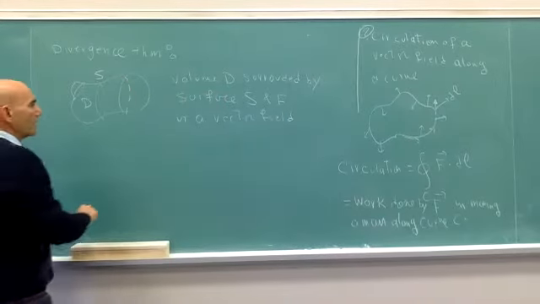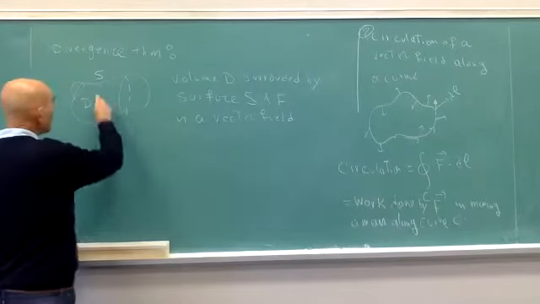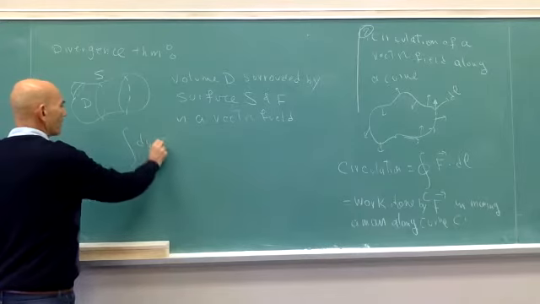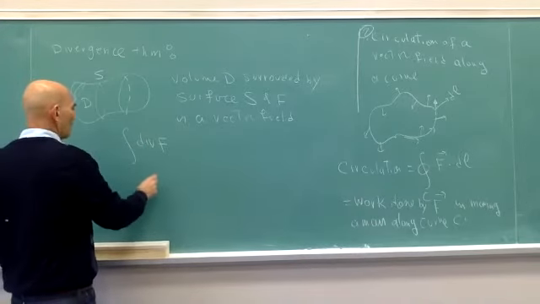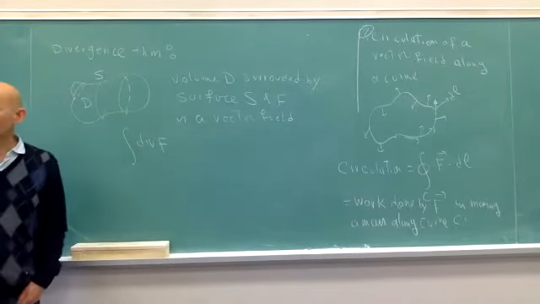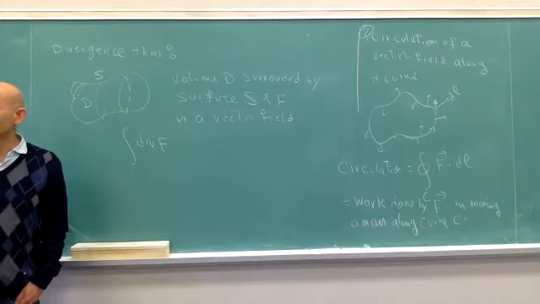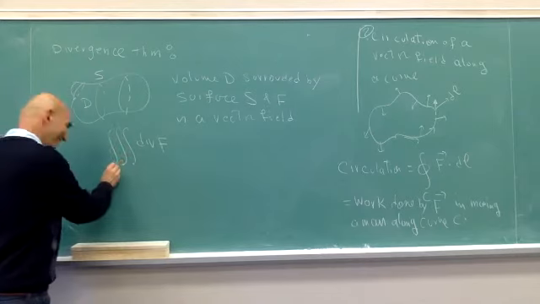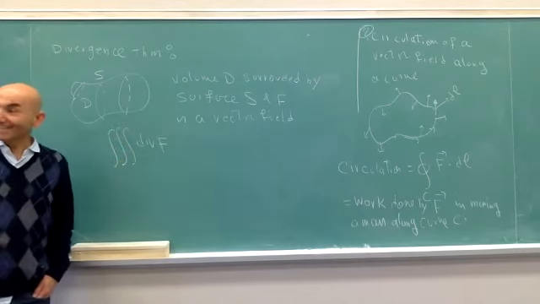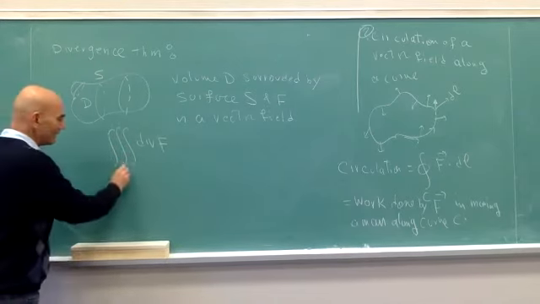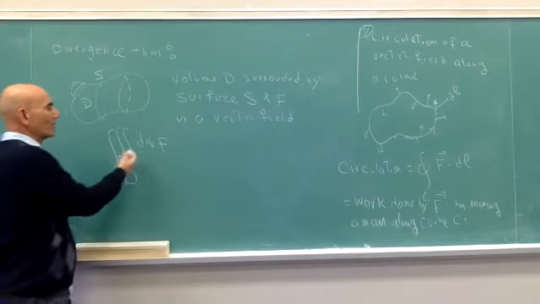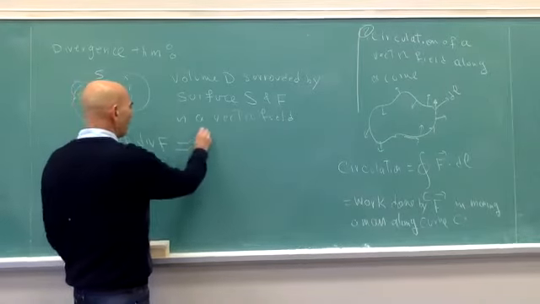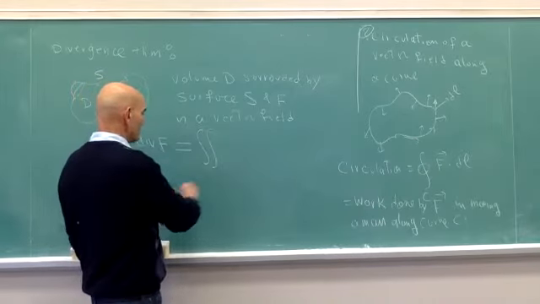Then the theorem says that the integral of the divergence of F, and to make you happy, I just put a triple integral this time, a triple integral over D, is equal to the double integral over the surface sigma of F dot d sigma.